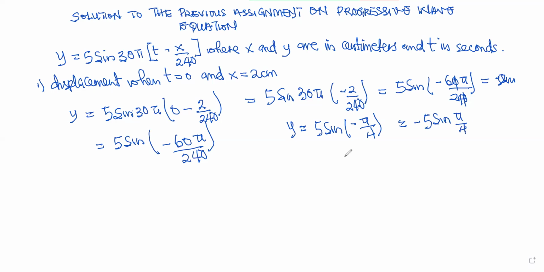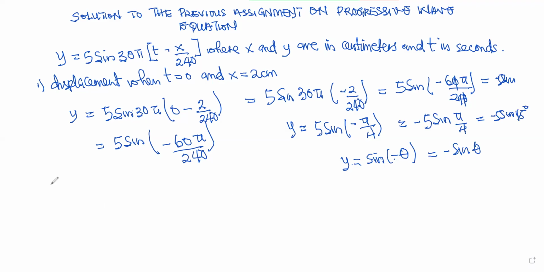This is because the sine of a negative angle is the same as negative sine of the angle. And what is π on 4? π on 4 is equal to 45 degrees, so minus 5 sine of 45 degrees.